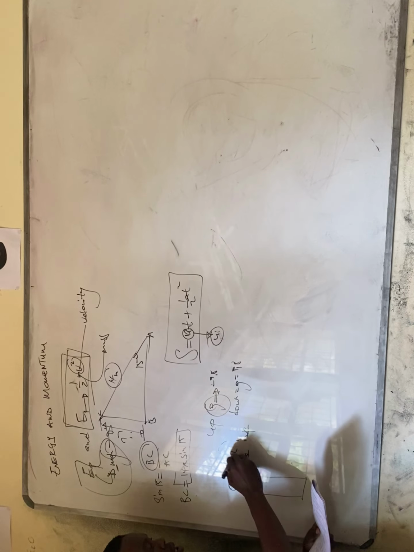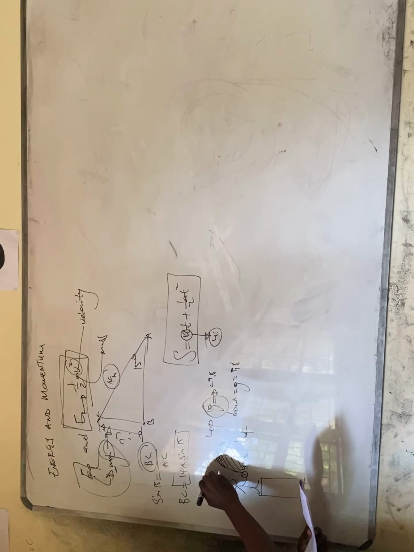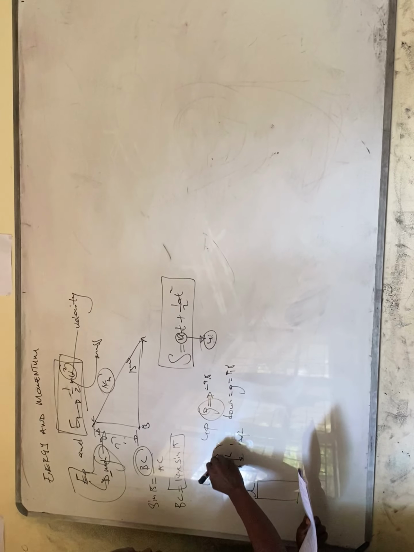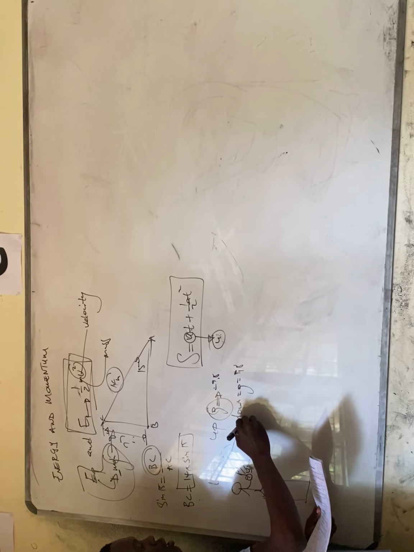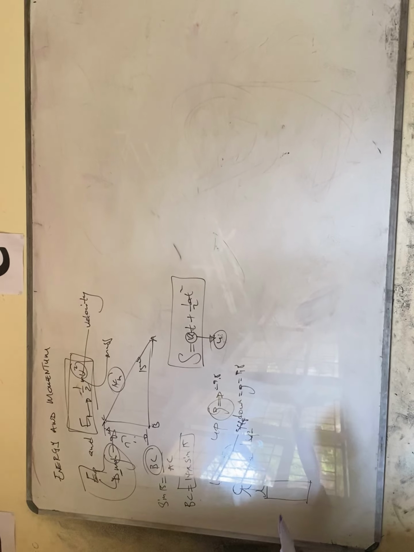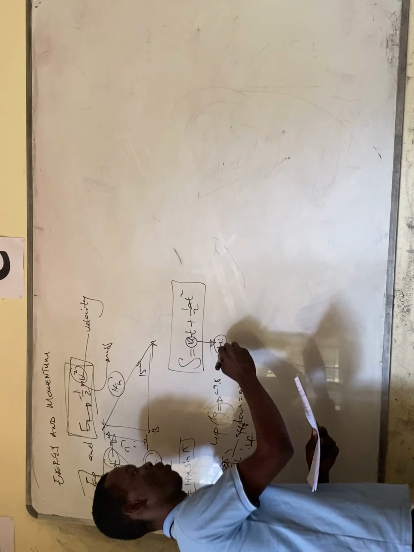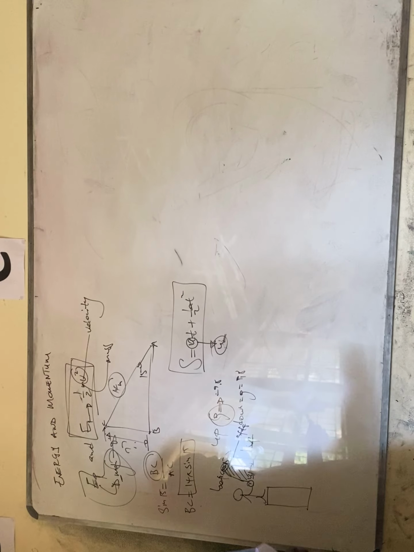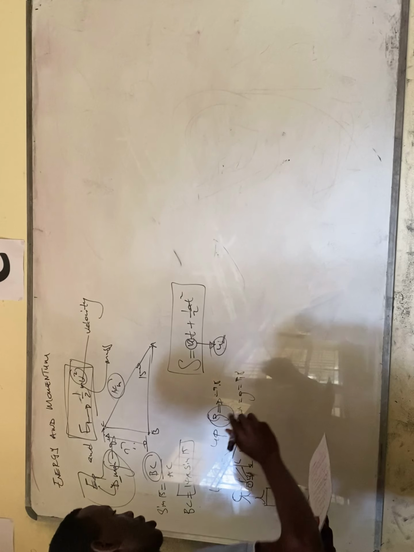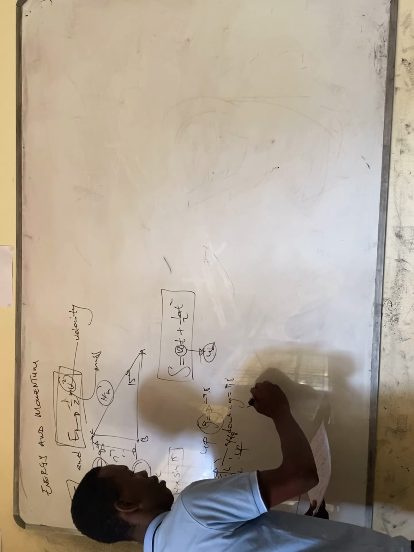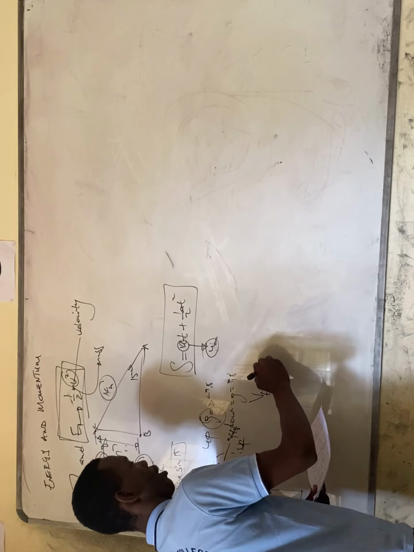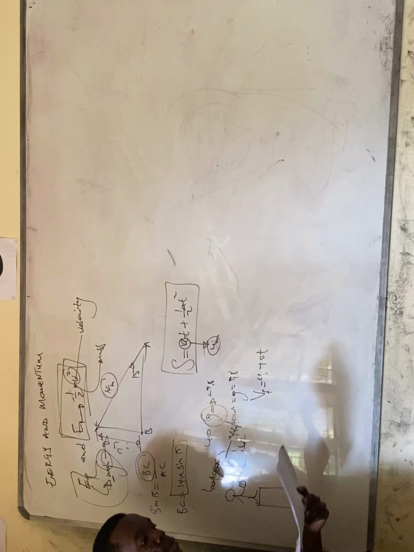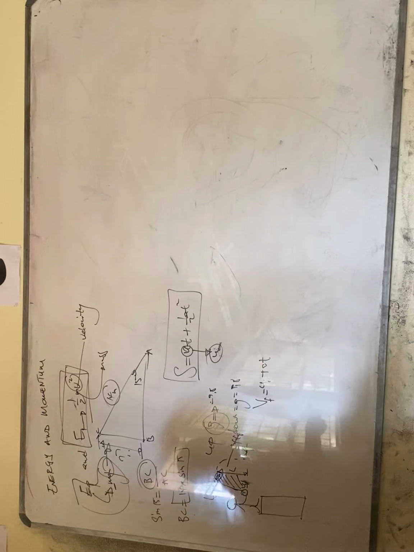Now we focus on this portion before. This one is after, which is final. So we need the initial velocity. We can find it with this formula: final velocity equals initial velocity plus a t. We can use this one.